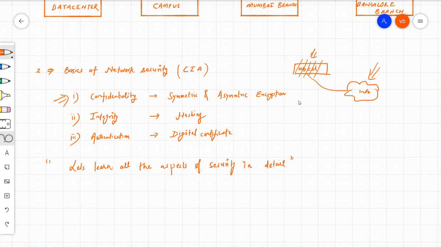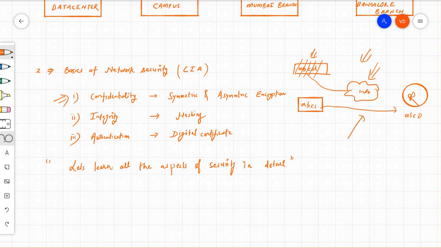What does encryption mean? I will be explaining it when we discuss the details of confidentiality. The second part is integrity. Integrity means that if I am sending a message which consists of ABCD, then when it is received at the receiver side, it will be intact, meaning no other person in the middle can change that message. It is fine that I can encrypt it, but people on the internet can still alter this message.